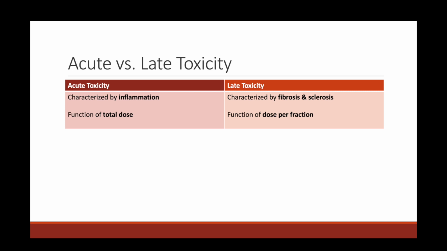And what you have to do is use the BED equation to calculate the BED for each of these using the alpha beta for whatever tissue of interest. And they'll tell you what alpha beta to use. Usually it's 3 because you're concerned about normal tissue toxicity. And then the smallest BED that you're able to calculate using those different dose per fractions is the answer. And so that tells you that for late toxicity, dose per fraction is really what matters.